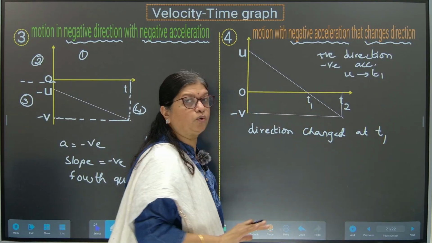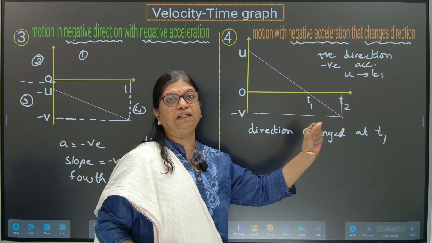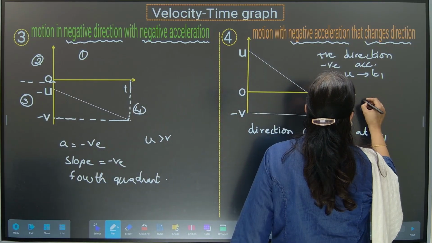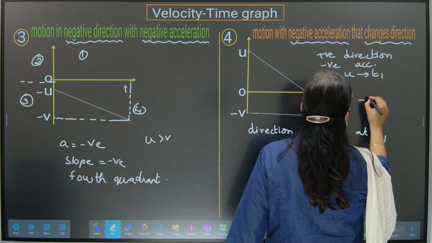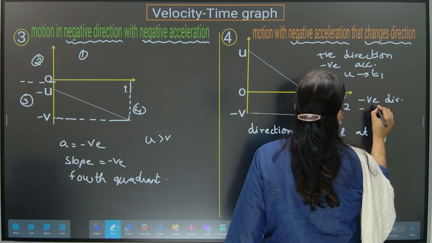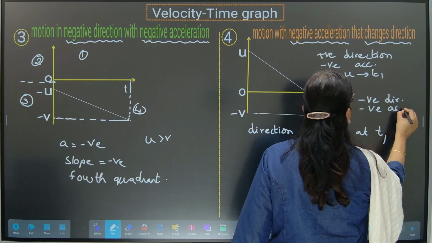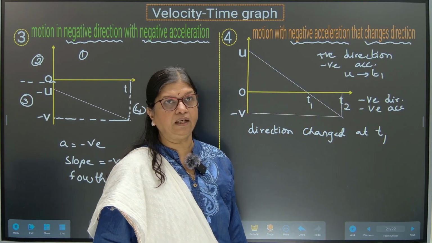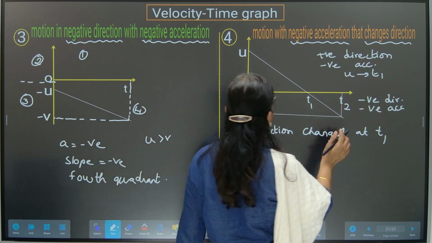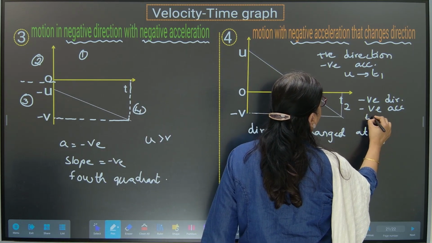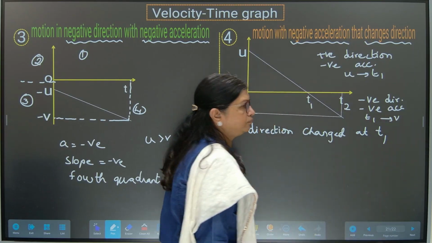Then in the fourth quadrant, when the time has reached t1, that time the direction is negative and acceleration is also negative only. Clear? And what is its path? Its path is t1 to v.